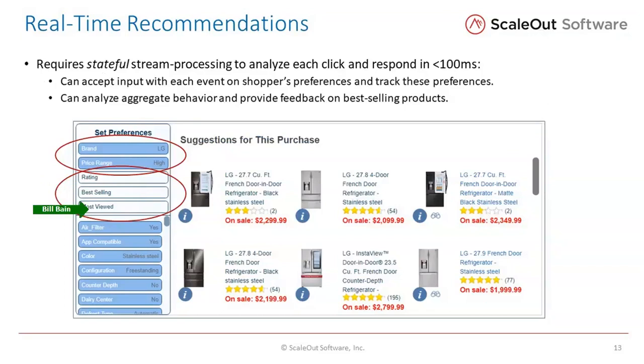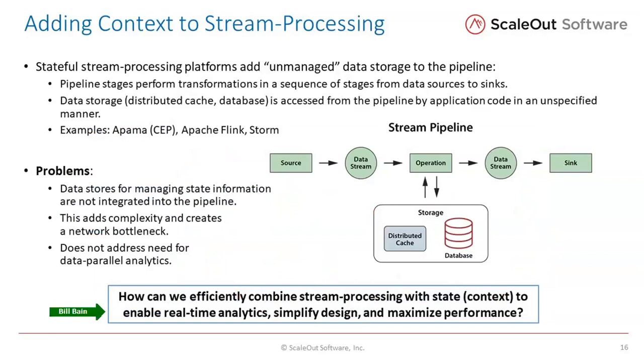So it's extremely valuable to have data parallel analytics processed live in real time. So how do you address this challenge of efficiently combining stream processing with state information or context to enable real-time analytics and also to allow data parallel analysis for aggregate behavior, and at the same time keep the design simple and have very high performance?